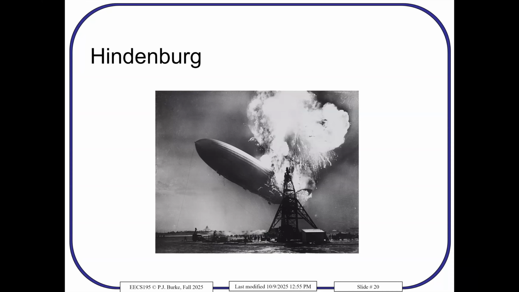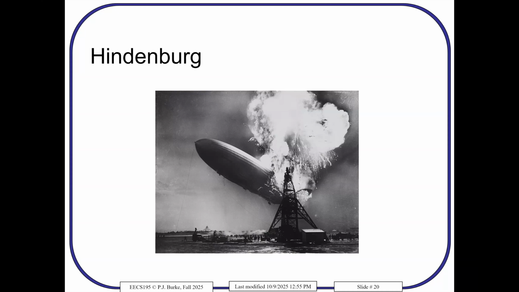Helium is a noble gas, so it's not reactive. So helium is what is used in birthday party balloons and so on, and in blimps. But the US and Germany were not on good terms before and during World War II. So the US refused to sell its helium to Germany.